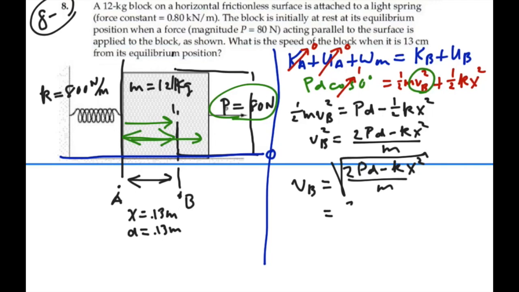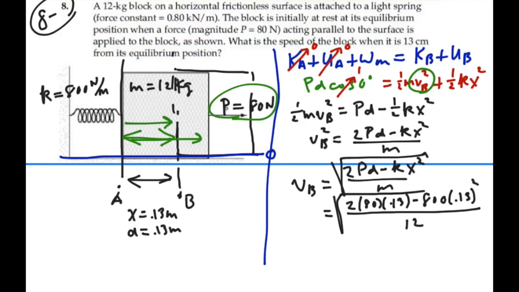That's going to be 2 times 80 times d, which is 0.13, minus k, which is 800, times x, 0.13, squared, over the mass, which is 12, and square root everything.